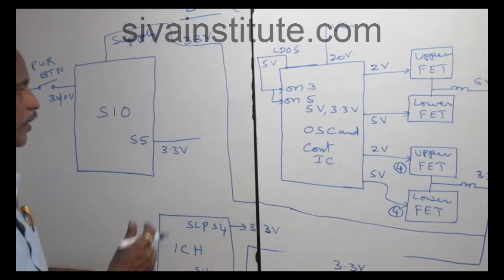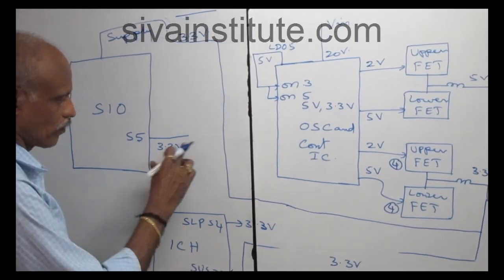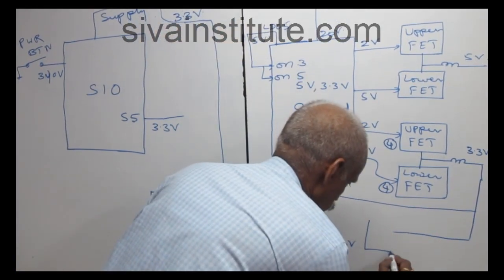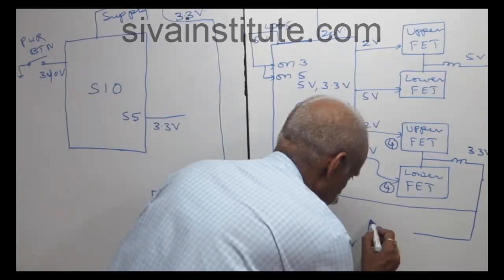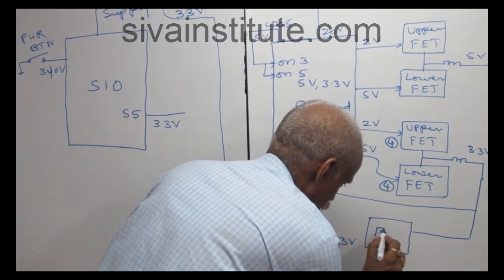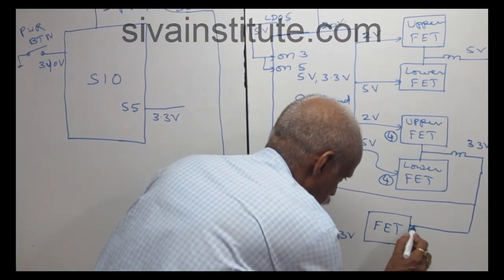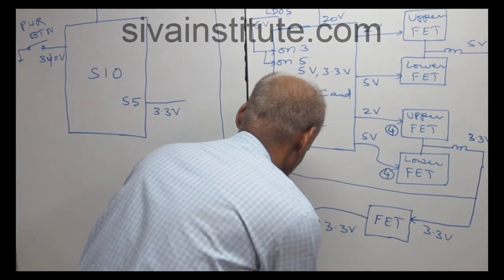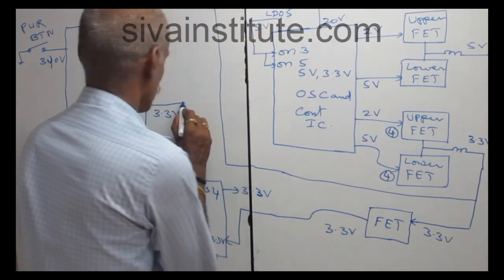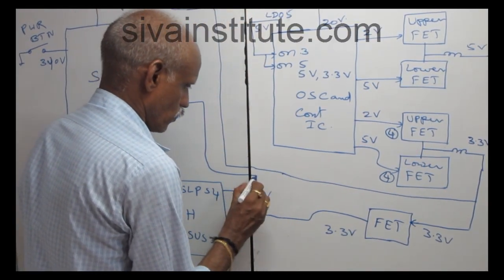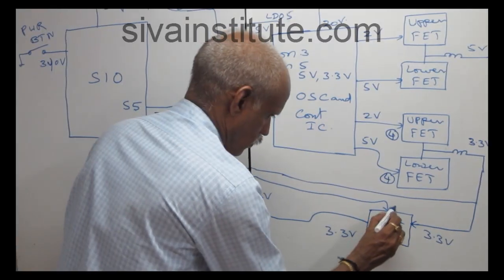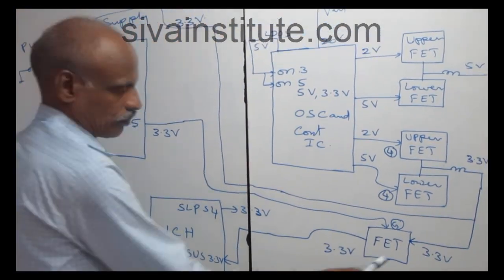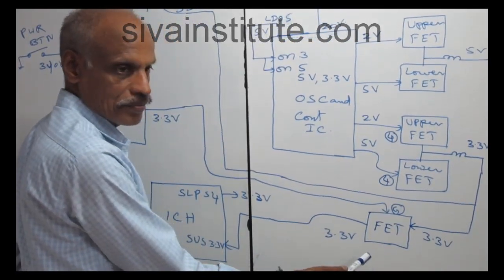After pressing the power button, this command comes out as 3.3 volts S5. This voltage goes to another FET. Another FET comes here.